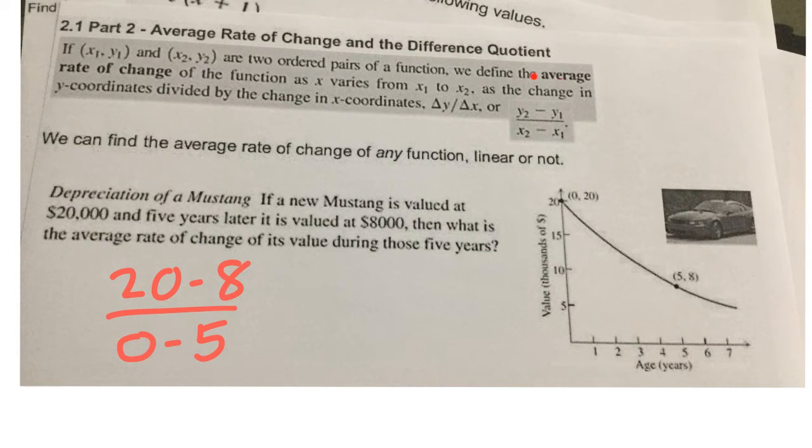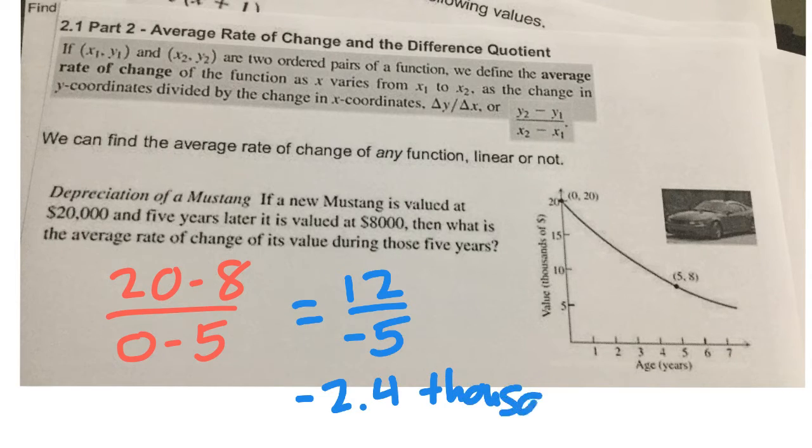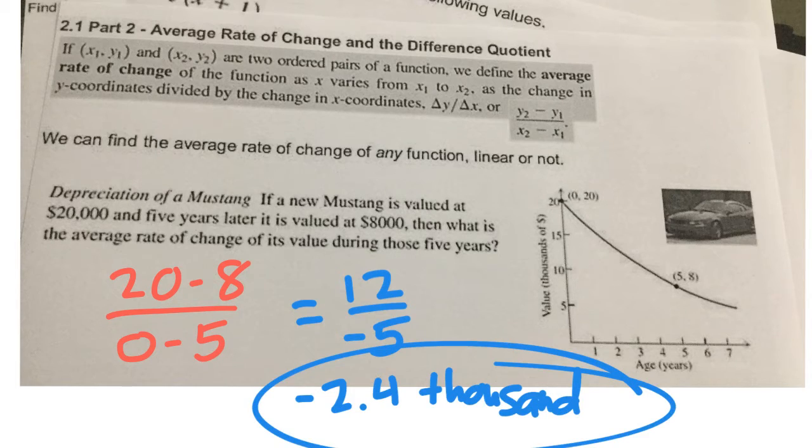Again, just using the slope formula, y2 minus y1 over x2 minus x1. 20 minus 8 is 12. 0 minus 5 is negative 5. So I've got negative 12 fifths, which is negative 2.4. And my y's are in thousands, so it's negative 2.4 thousand. That's approximately how much the car is losing every year. $2.4 thousand in value.